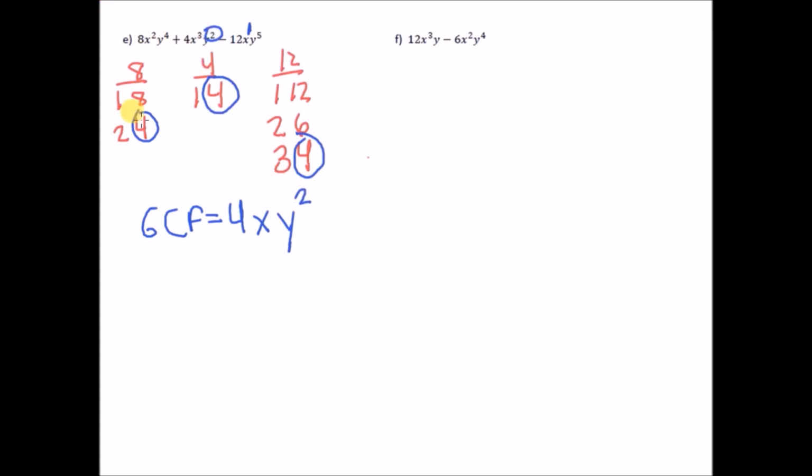So now, when we rewrite this and we divide each term, okay, divide each term by 4xy squared.